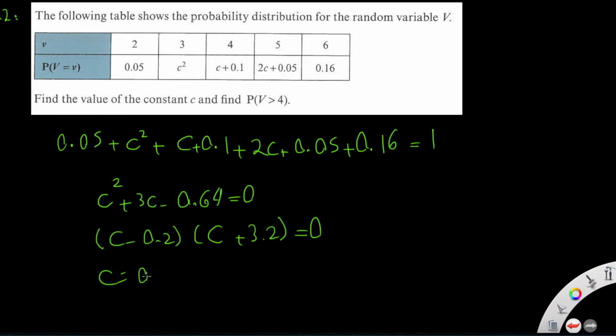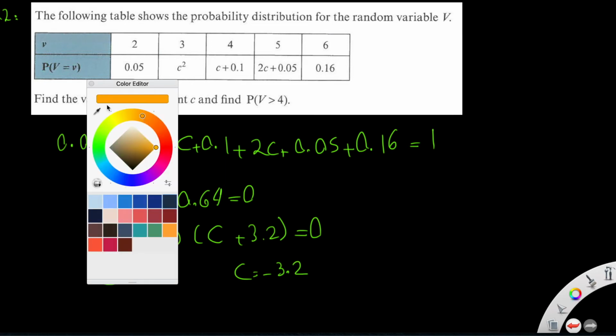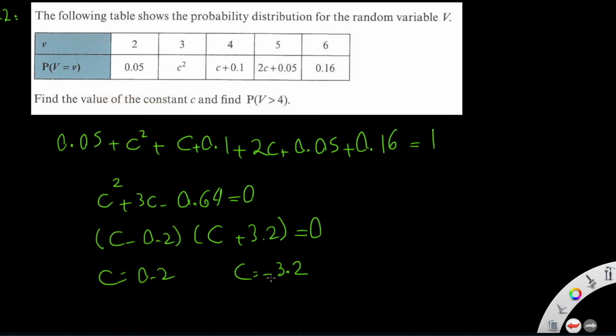Now c will be 0.2 here and negative 3.2. Now here, as you have negative 3.2 for this c, it will make this c plus 0.1 negative. We don't have negative values for probability, so it's not acceptable. So you should accept this one, 0.2.